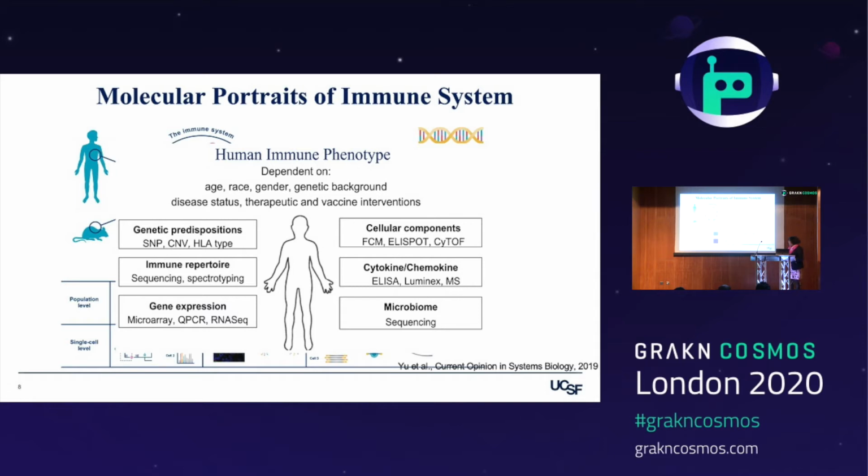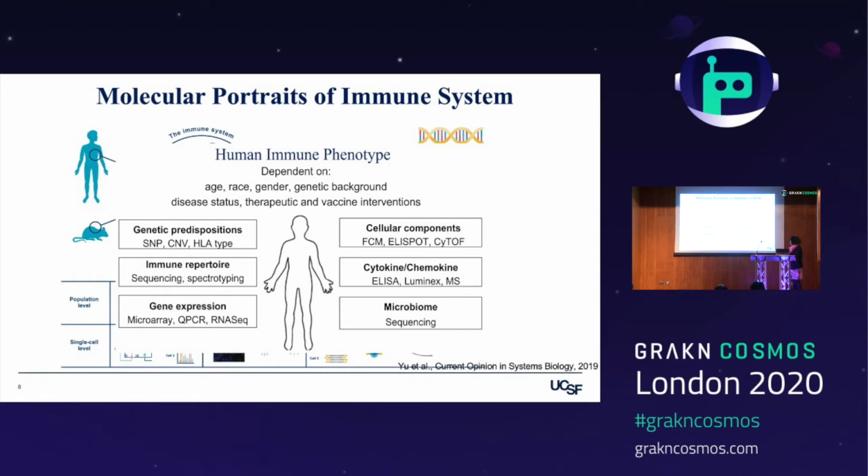As you can see here, either from humans, mouse models, or other species, we are generating data in proteomics, transcriptomics, genomics, and epigenomics, at the population level and at the single cell level. These are all the high throughput technologies we use for immune measurements, and this comprises cytokine measurements, immune cell subsets, and immune-related genes.